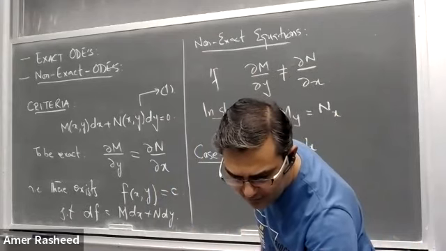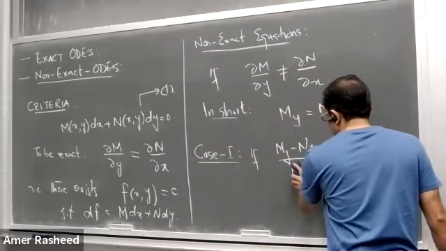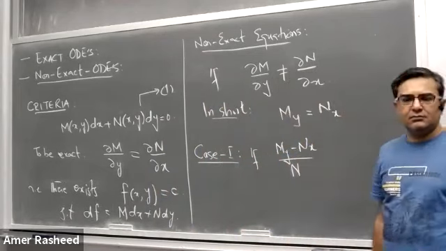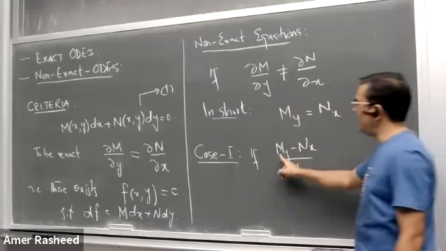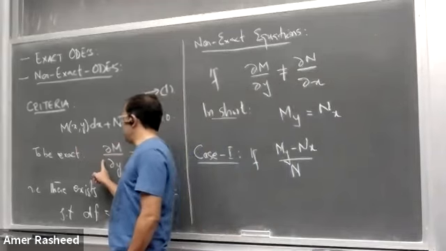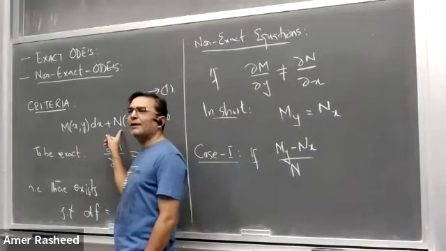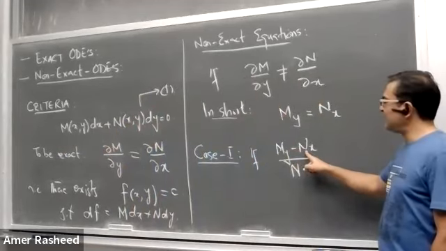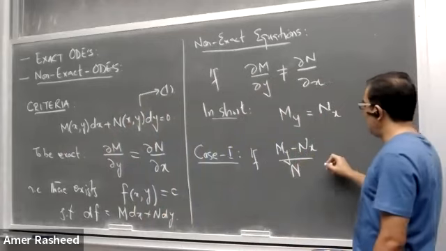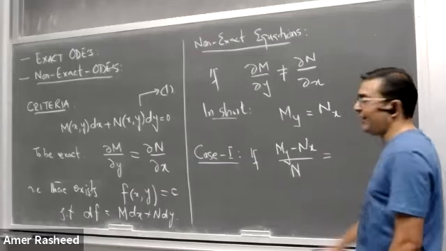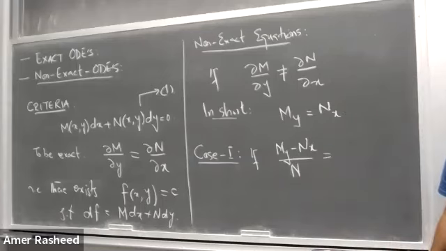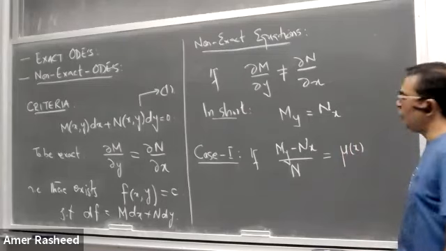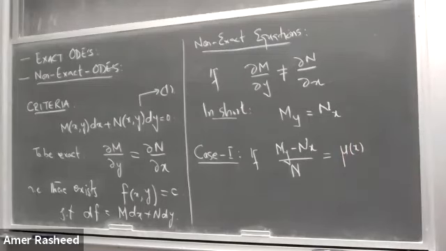Yes, this is N. If this expression, this fraction, because we know M and N, we can compute partial M over partial y, we can compute partial N over partial x, so M_y minus N_x divided by N. If this expression gives us a function of x only, we obtain some function mu of x, which is a function of x only.